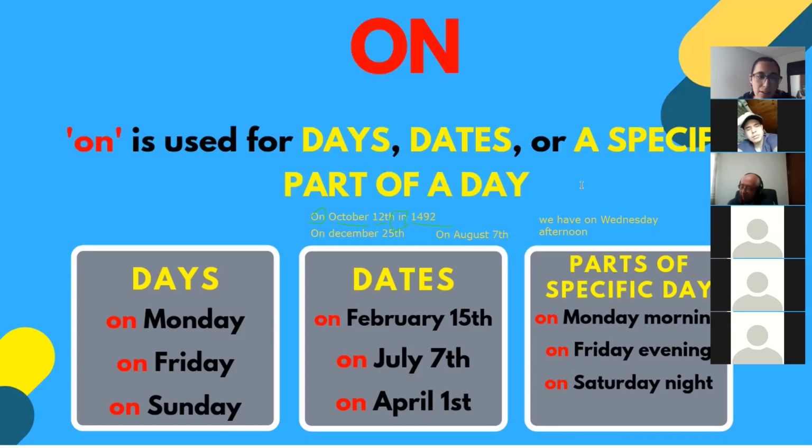Okay, another important use of on, which is not in here, is when you want to express routines or habits and you got a repetitive moment. Yes? For example, in Spanish, yo juego fútbol los fines de semana. So I express the idea that every weekend I repeat the situation.